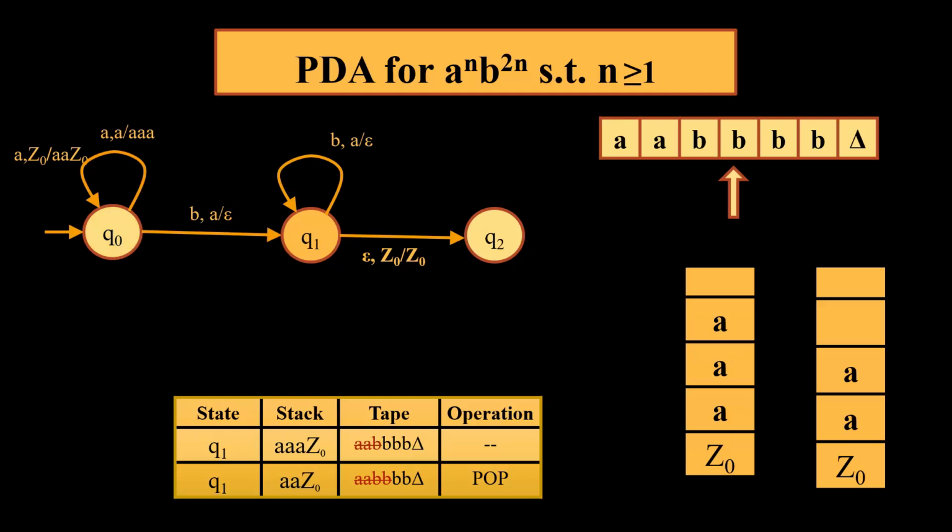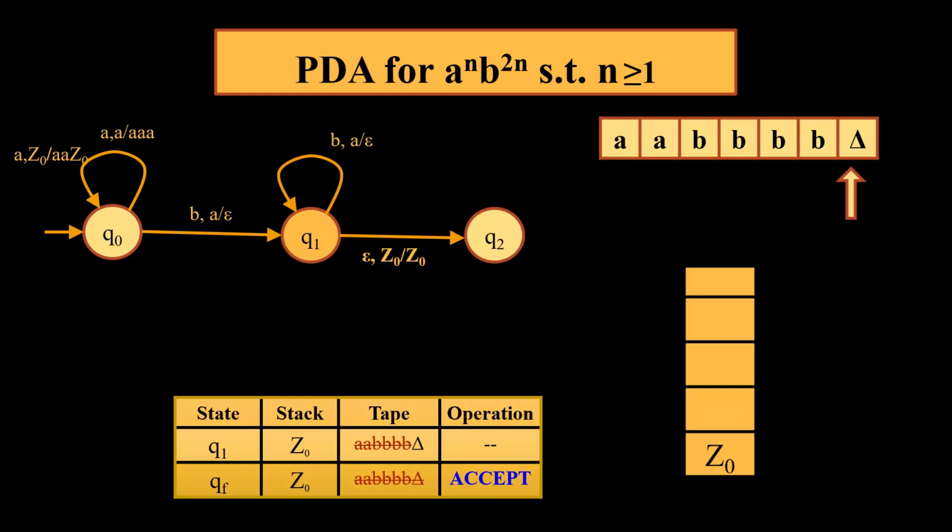We pop for the first B, and for the second B which is read we pop again, so we are left with 2 A's. We come across the third B, we pop that from the stack, and we are left with 1, and ultimately we pop this A from the stack after reading the fourth B.